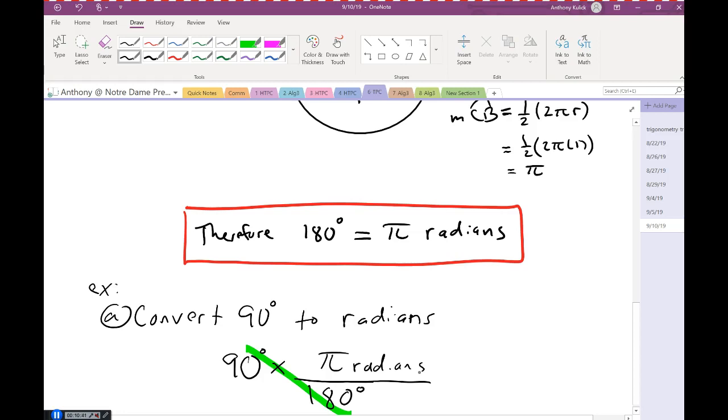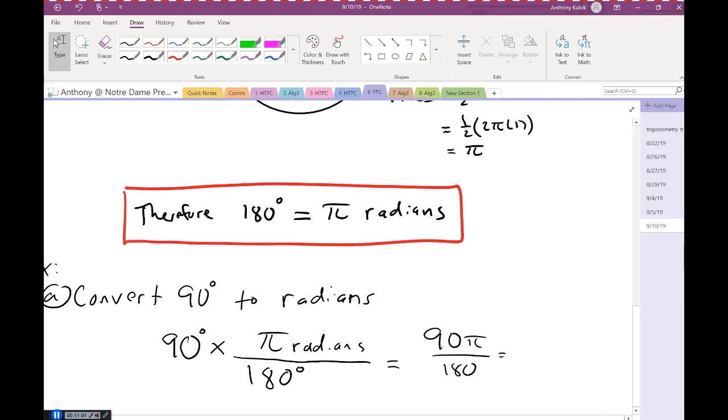So to convert 90 degrees to radians, I'm going to multiply 90 degrees by pi over 180 degrees. When I do that, I get basically 90 pi over 180. When I have 90 over 180, that can reduce, can't it?